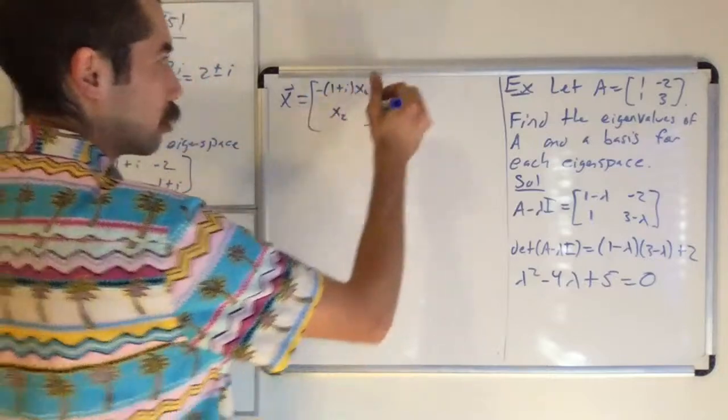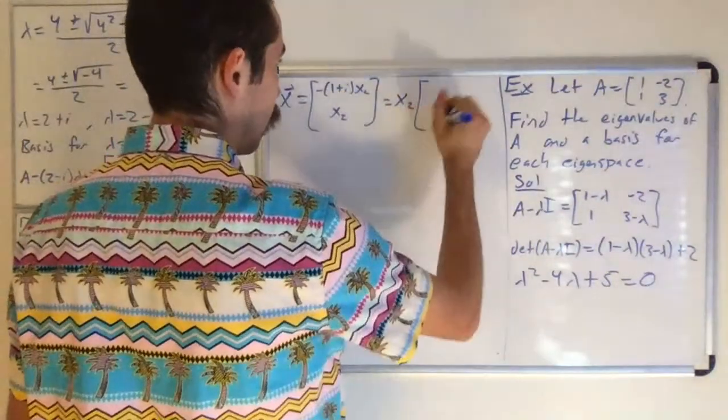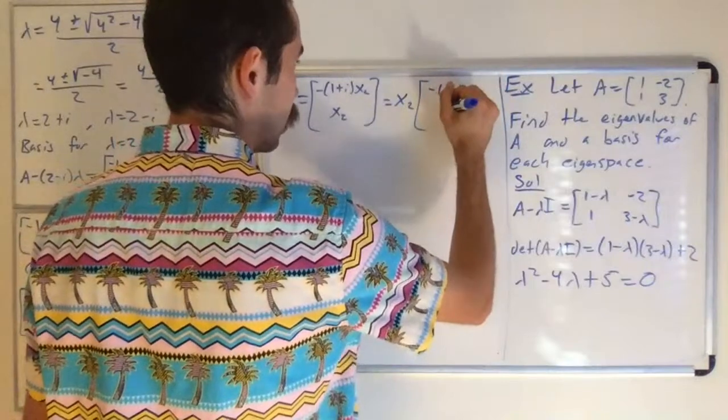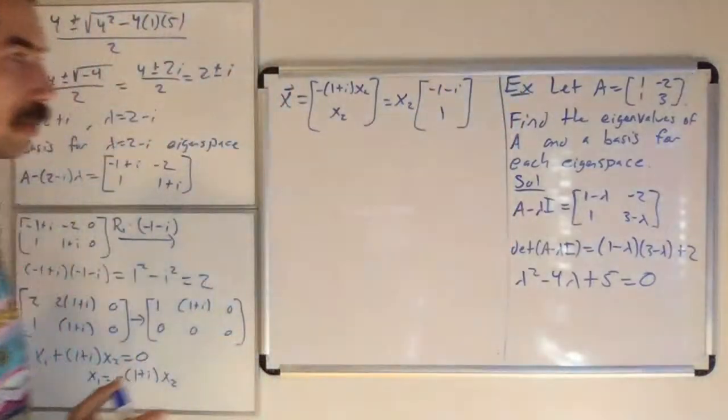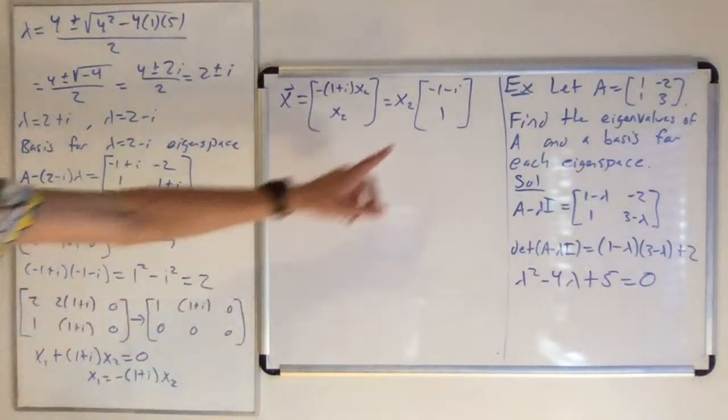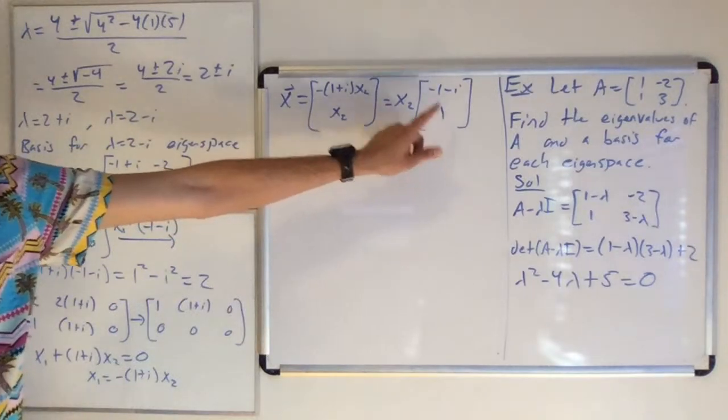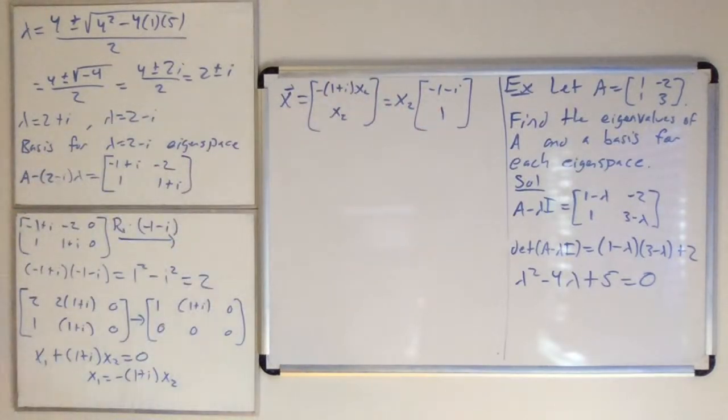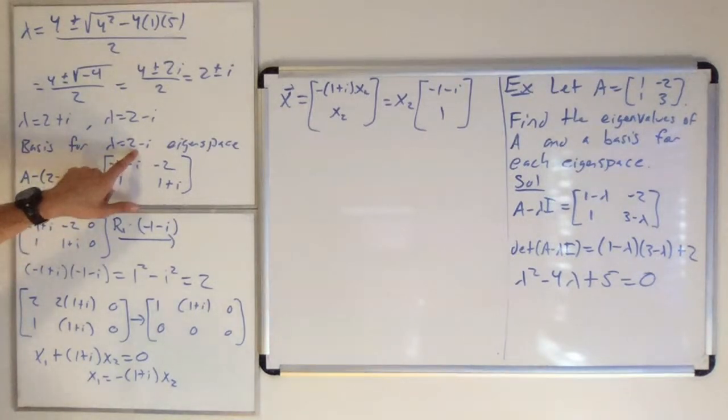Pull out the x2, and we get -1 minus i and 1. Okay, so this vector here is the basis for our eigenspace corresponding to lambda equals 2 minus i.